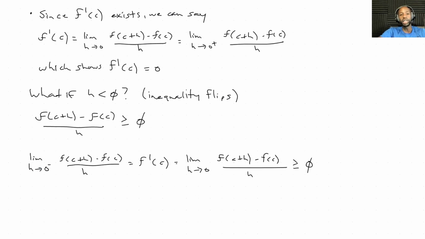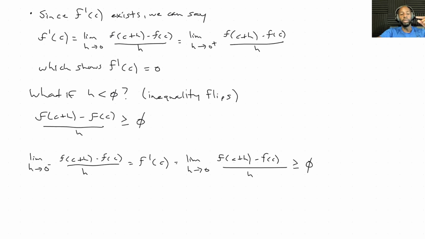Okay. So like I said, we skipped a couple of steps here. All we did was, when we flip the inequality, now we know that we're doing h less than 0. h is approaching 0 from the other side.